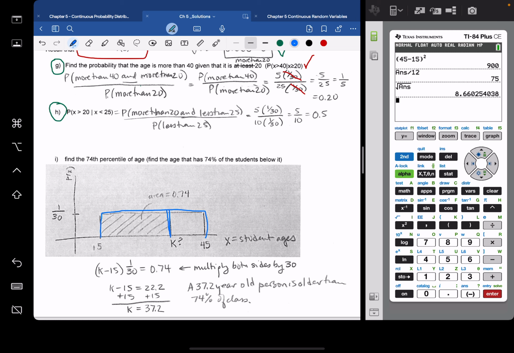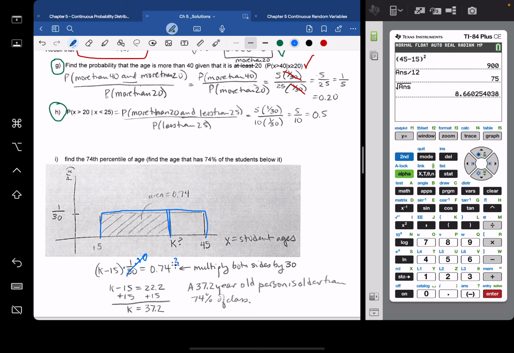It's a question mark. And then I am going to say K minus 15 in parentheses times 1 over 30. So that multiplication, if I multiply length times width, I should get 0.74. And this becomes an algebraic equation to solve. So the next thing is to multiply both sides by 30. If I multiply this side by 30, that cancels out.